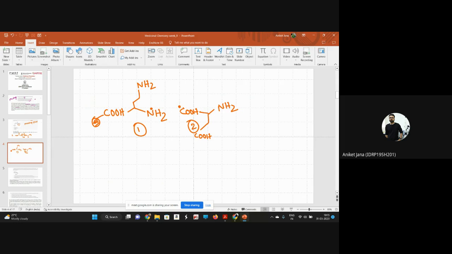Protecting group is not only used to stop hydrolysis, it can be used to protect a functional group from chemical reactivity. Okay, so in this peptide synthesis, we want this NH2 group to react with this COOH group, right? Then only we get the amide bond and the peptide will be formed, the dipeptide, right?